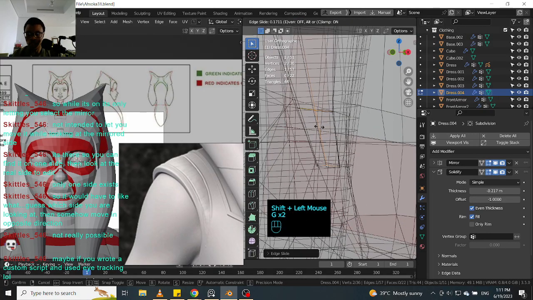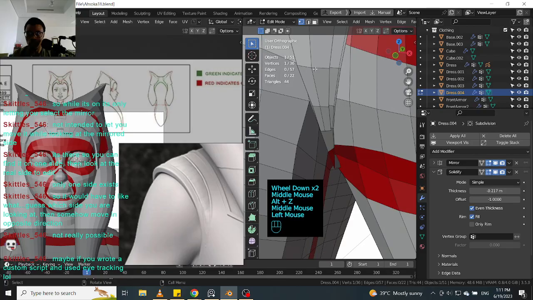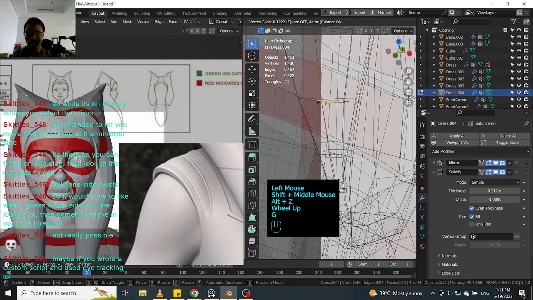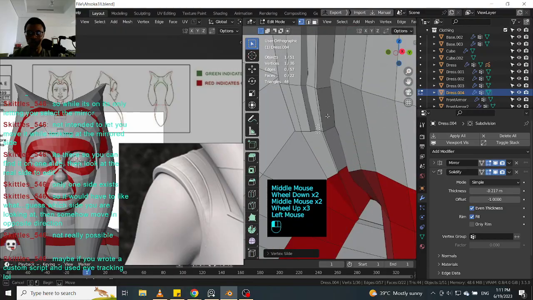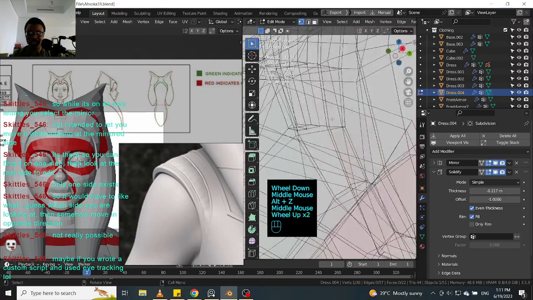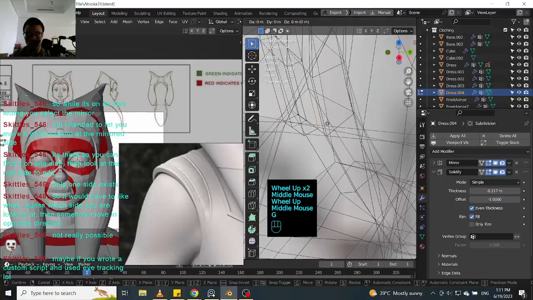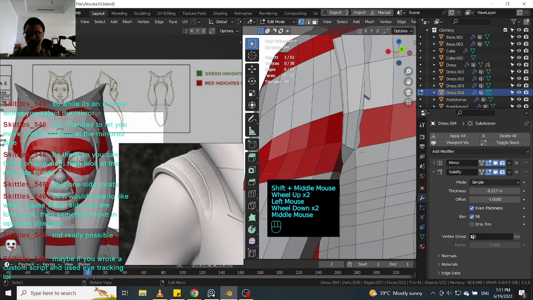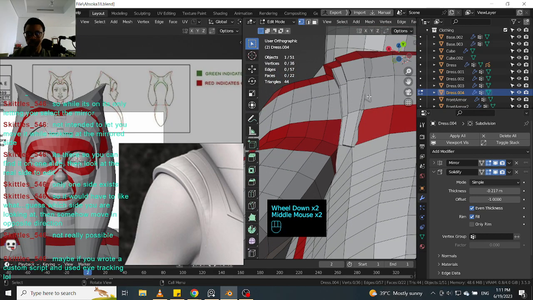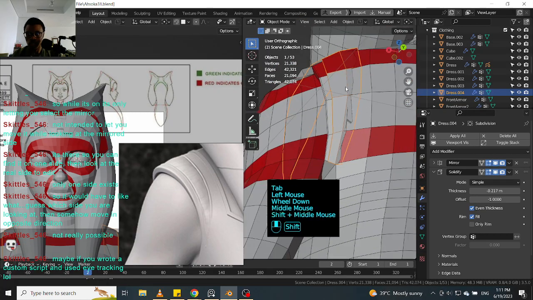But it would be interesting that even though it's a mirrored side, a side that doesn't exist, it allows you to move it as if it was the actual side. That would have been interesting actually.